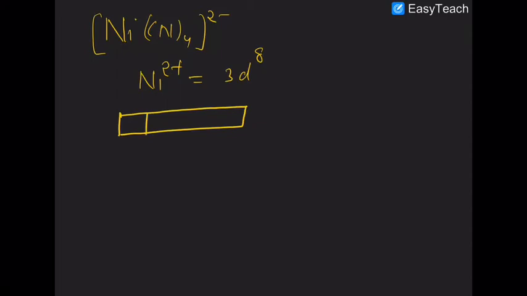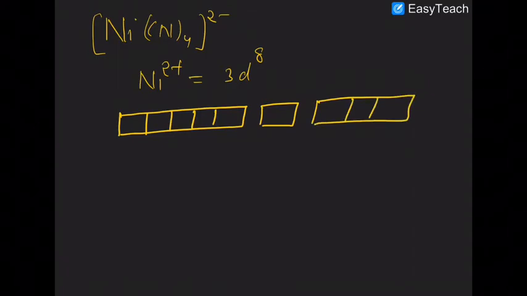Take the case of [Ni(CN)4]2-. Now in this case, nickel exists in +2 state. That is 3d8. Okay, so now what will happen in this case? Nickel exists in 3d8 state. So 1, 2, 3, then you have 4s and then you have 4p.